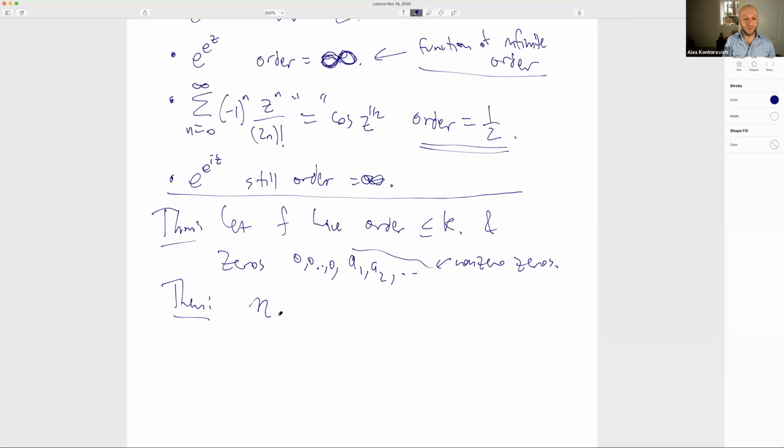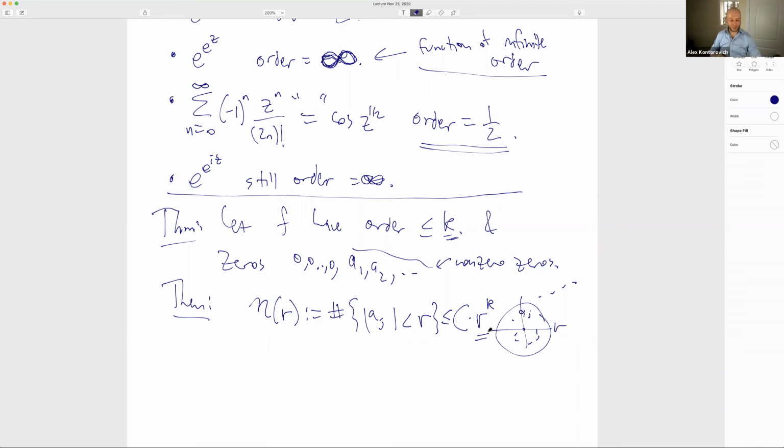If we look at the number of zeros, n(r), the number of the zeros a_j, including 0, in a ball of radius r. Here's r, and here are my zeros a_j, and of course they're going out to infinity, and there's some number at the origin. Then this number grows no faster than some constant times r to the k. So the order governs how many zeros there can be in a region.